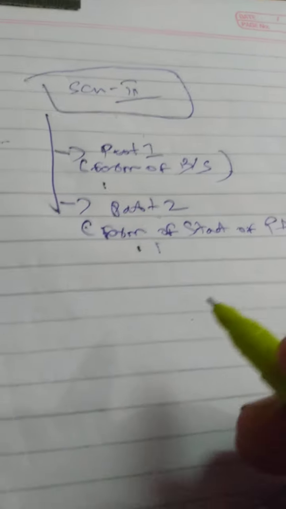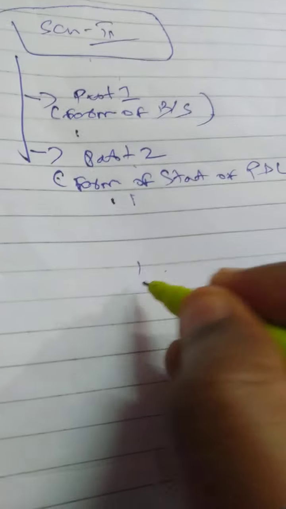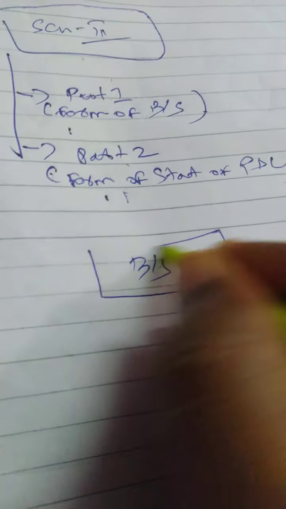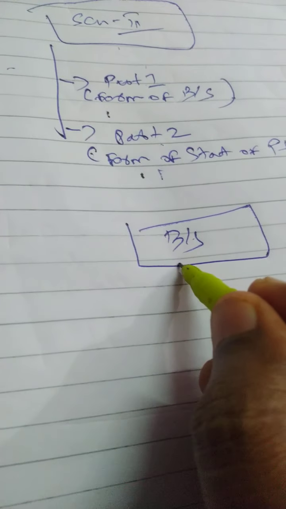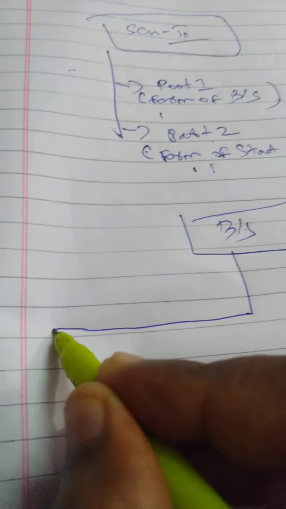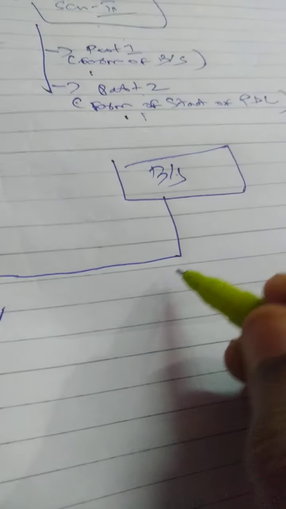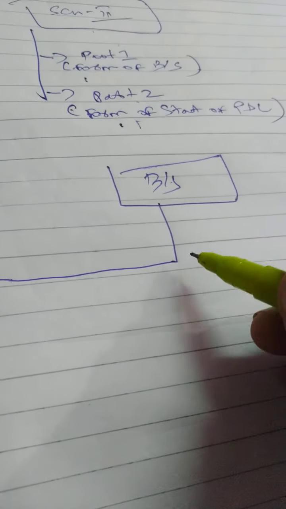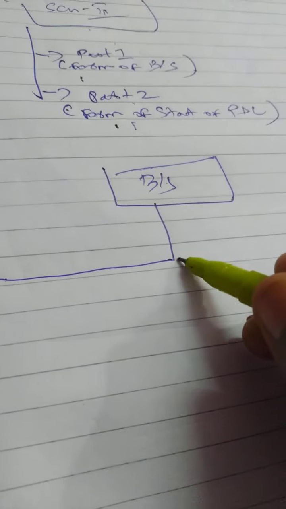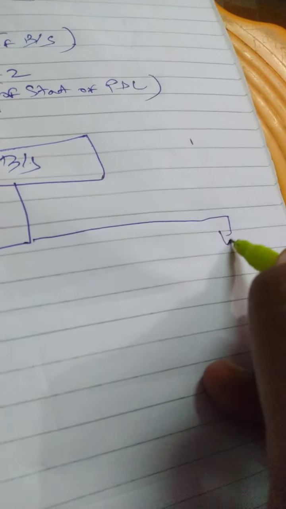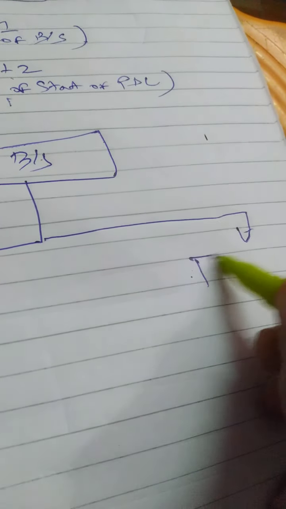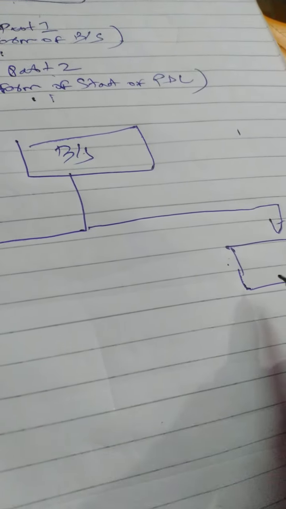So balance sheet, come to Part 1, balance sheet. This Part 1 balance sheet is categorized. Normally tell me, in balance sheet, what all the things will be there in our old days? Two major headings are what?